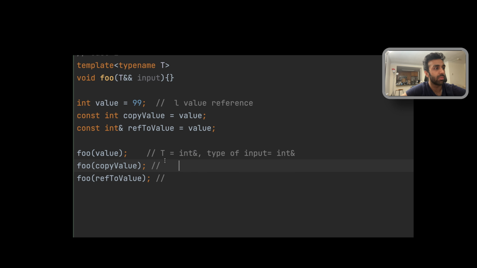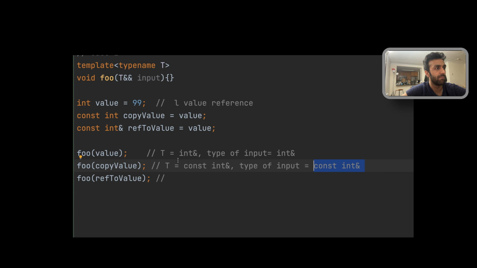Okay, let's see the next case. Now the T, when you pass a const int, will again be a reference, but in this case it will be a const int reference, and type of input will again be a constant reference.